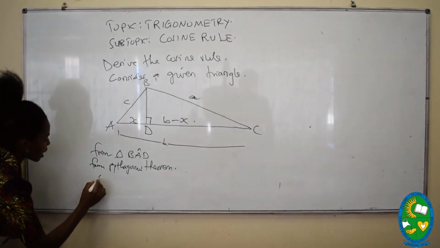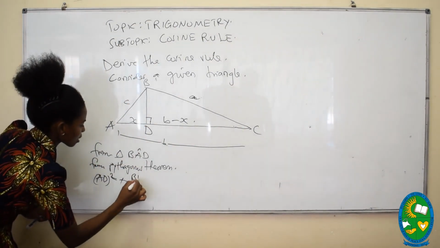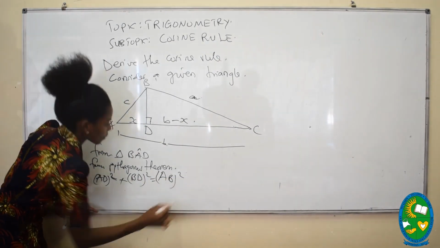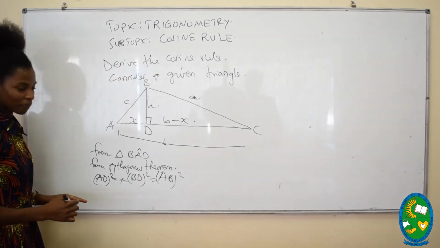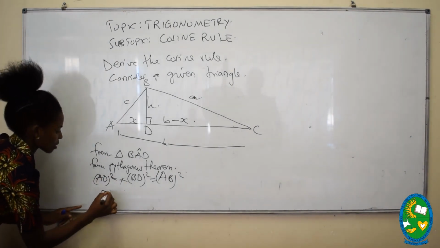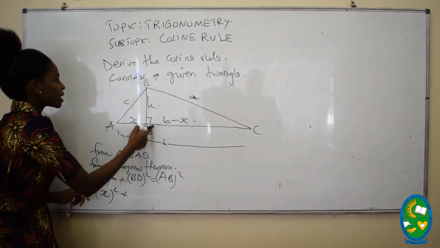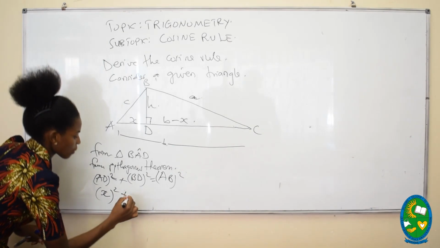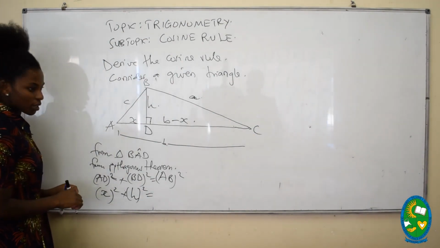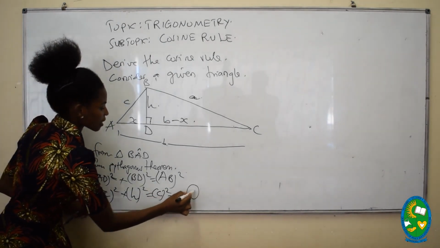So we have AD square plus BD square equals AB square. AD equals x, so we square it: x square. BD equals h. So we have h square, equals AB, and AB equals c, so c square. We name this the first equation.